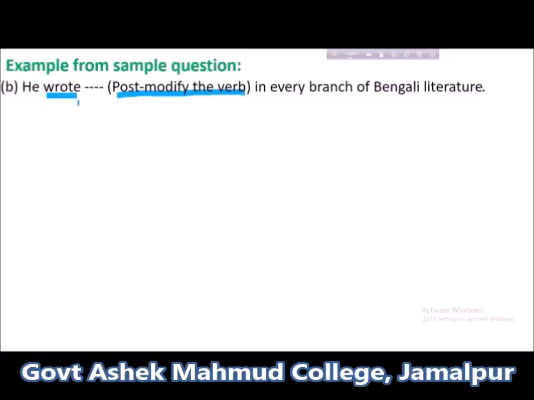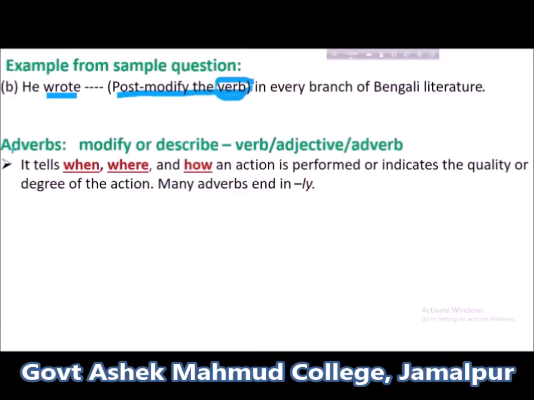Now we have also already learned that to modify a verb we must use an adverb, as adverbs modify or describe verbs, adjectives, or adverbs. So it's very obvious to us that here we must use an adverb.